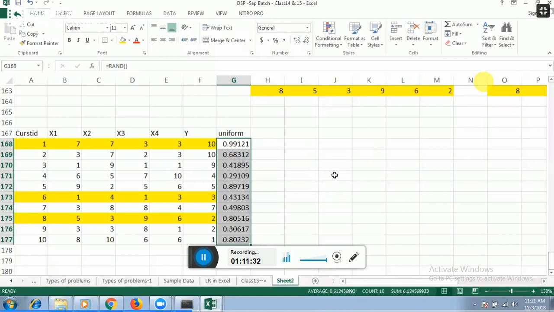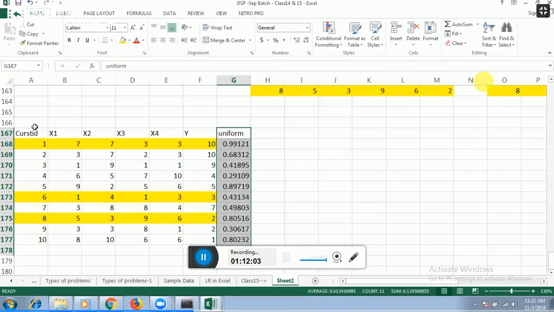Are you able to follow me? So it will create a distributed variable, and between 0 and 1, if you take any equal interval, for example 0 to 0.1, that is 10%. If I have 100 observations, you will have 10 observations between those two values.